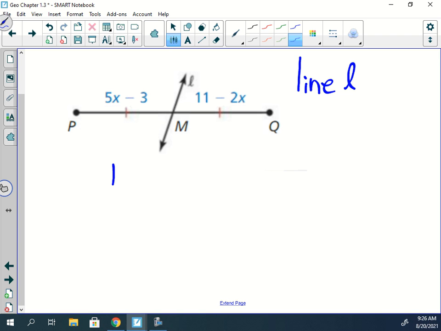So it means for us that PM is equal to MQ. We don't know the exact value of each of these line segments, but I do know that PM is represented by 5x minus 3, and MQ is represented by 11 minus 2x.